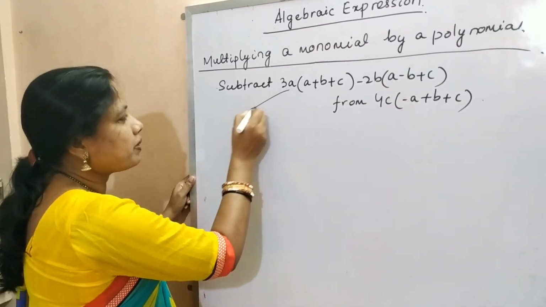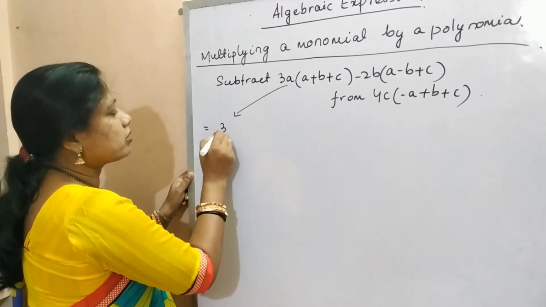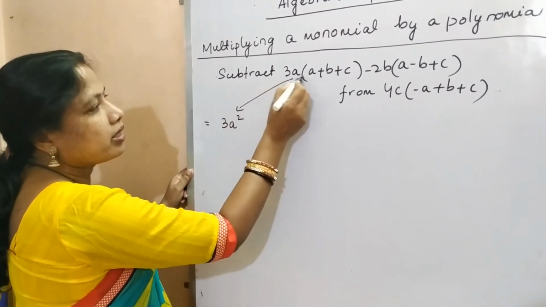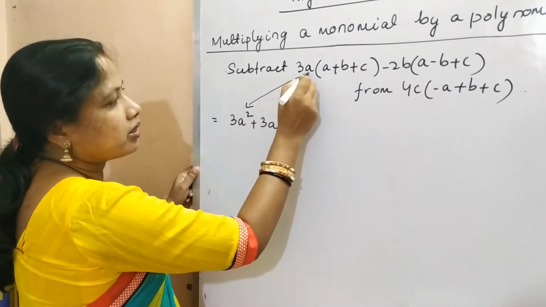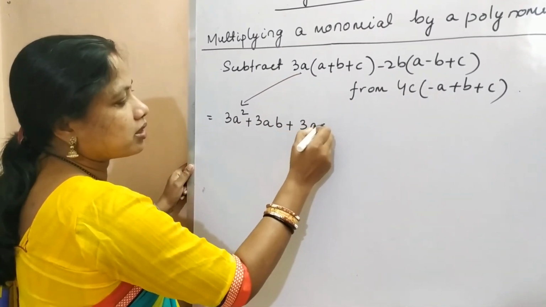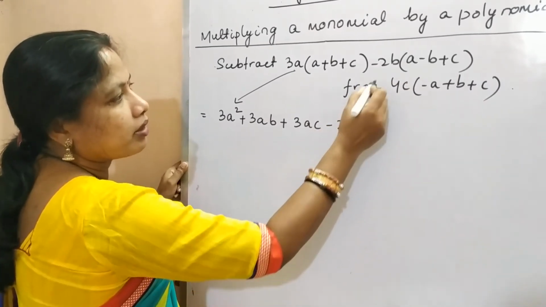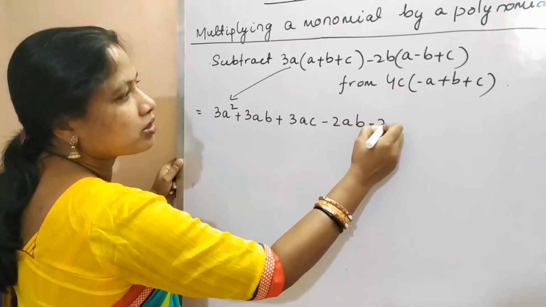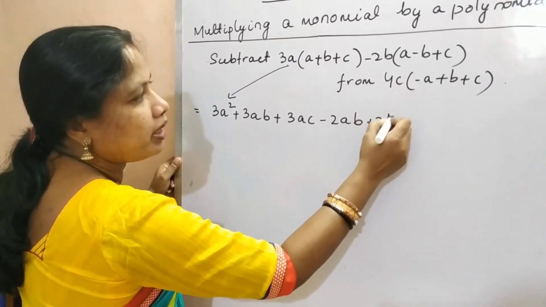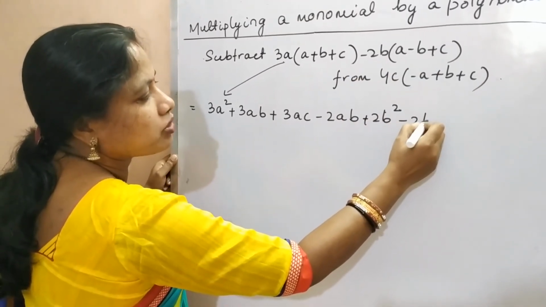The simplification of the first expression is like this: 3a multiplied with a, 3a square, 3a multiplied with b, 3ab, plus 3a with c, 3ac. Then minus 2b with a, minus 2ab, minus 2b with minus b, this is plus 2b square. Then minus 2b with c, minus 2bc.